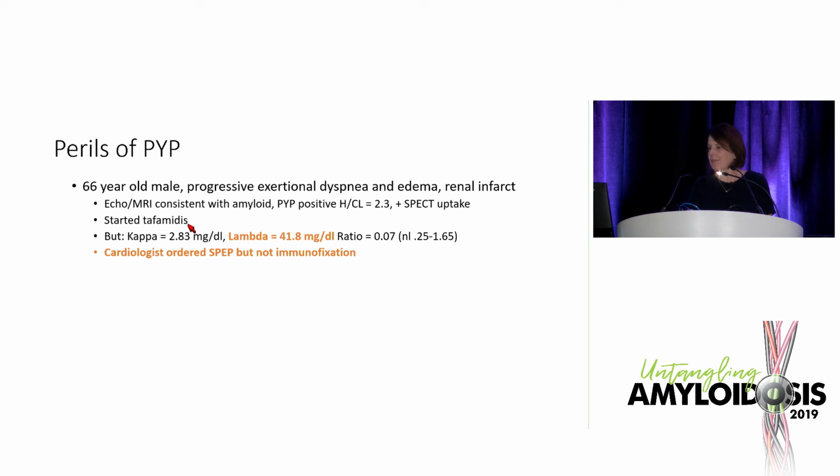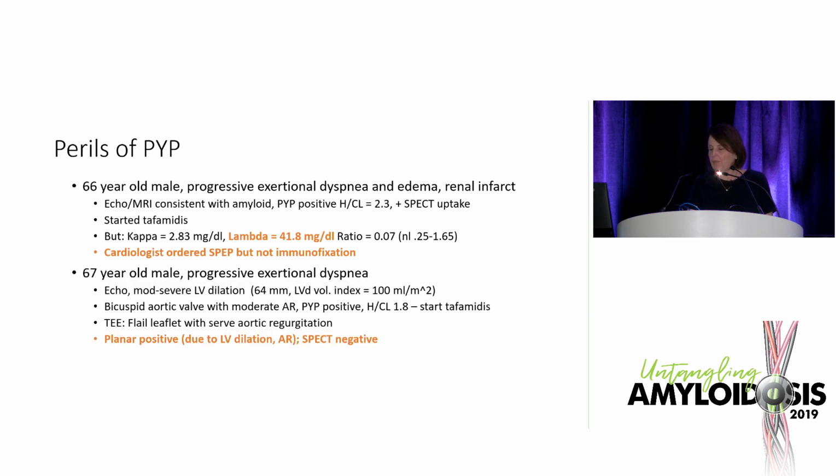He started tafamidis, but he never even had free light chains checked. He actually had markedly elevated free light chains, a lambda monoclonal protein, and the cardiologist ordered a serum protein electrophoresis. He might have even ordered it with immunofixation, but many labs only do the immunofixation as a reflex, or it just doesn't get ordered. So this is a really scary thing. This patient is now on chemotherapy, and fortunately he is responding, but he had several months delay.